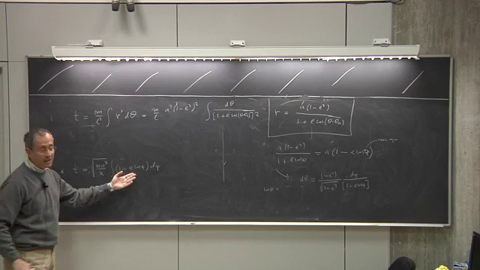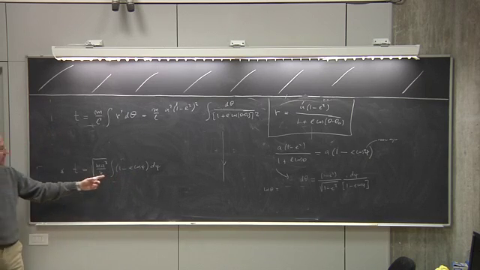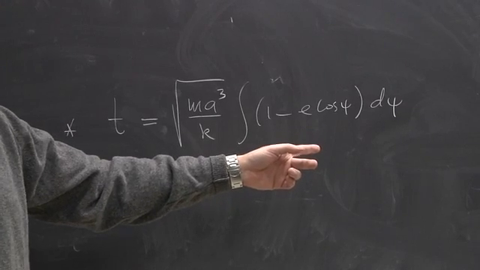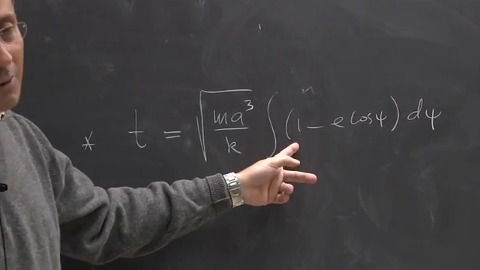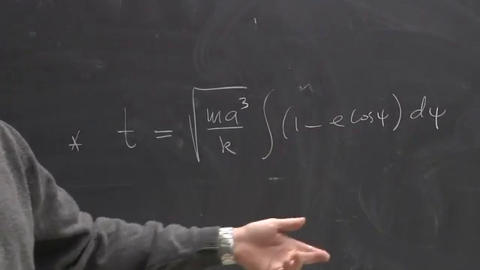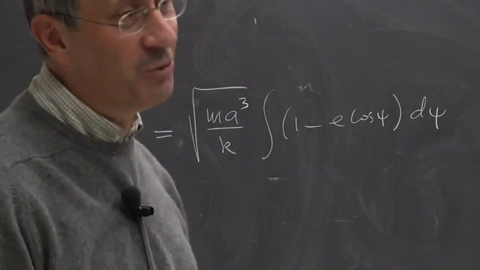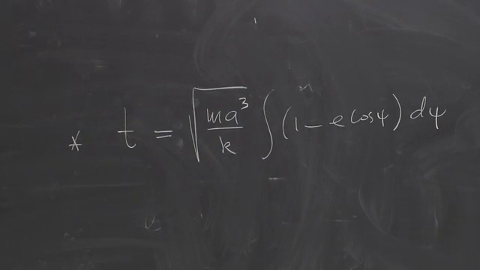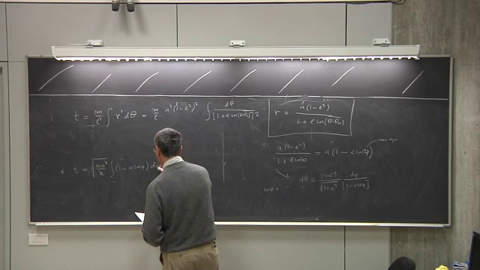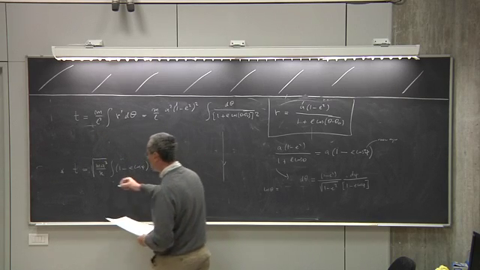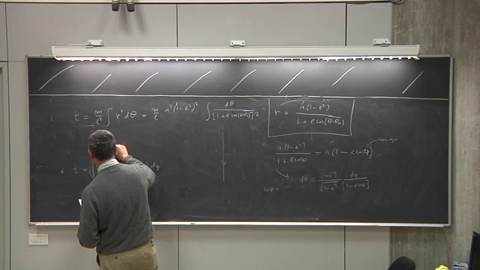Now, this looks like it really worked because, you see, this is a trivial integral now that even I can do, because it's the integral of d psi and then the integral of cosine of psi. Even without the tables of integrals, we know how to do that, right? So this can be integrated. Let's call this 1 over omega.